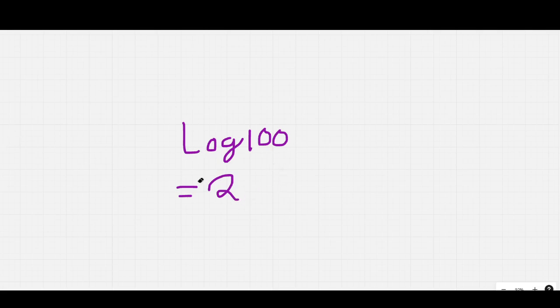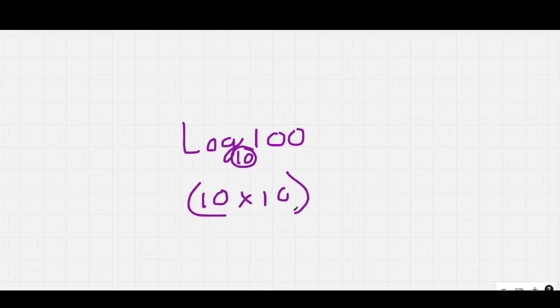Because you must remember that if there is no number here at the bottom by the log, we assume a 10. So log base 10 of 100, and once again, what's the log asking us? How many times does 10 need to multiply by itself to equal 100? And the answer to that is 10 times 10. So it needs to multiply by itself twice, and that's going to give us 100.